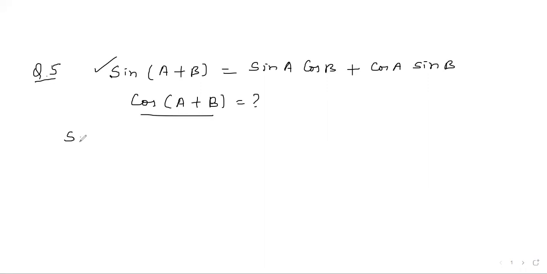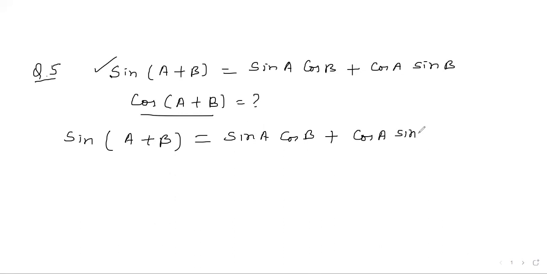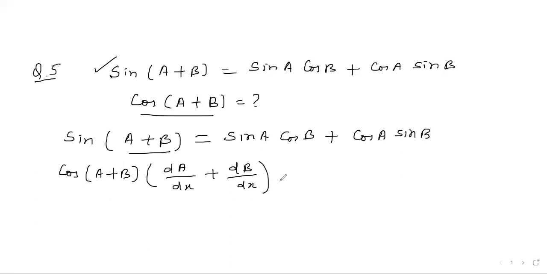So sin(A + B) equals sin A cos B plus cos A sin B. Differentiating with respect to x, it becomes cos(A + B) times, then we differentiate A + B also, so this becomes dA/dx plus dB/dx.